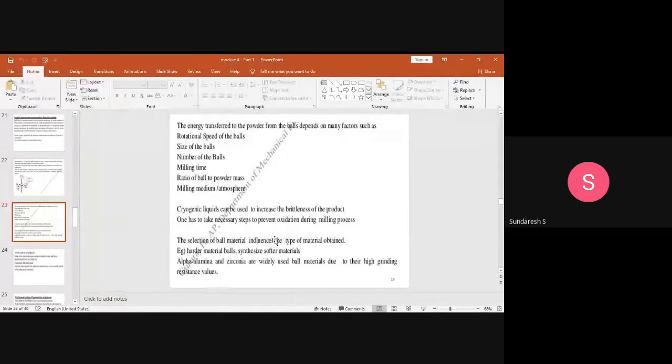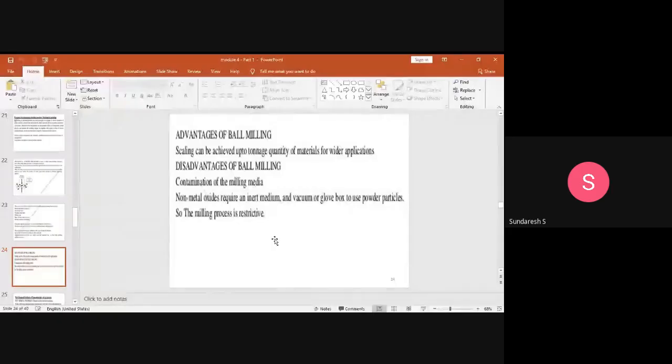So these are the two ball materials that are used because of their high grinding resistance values.